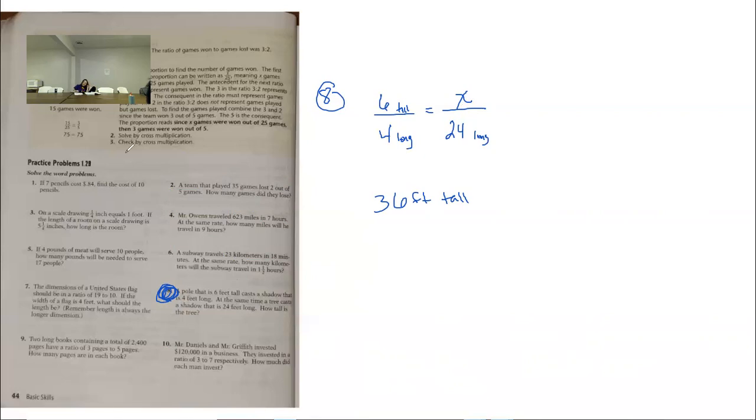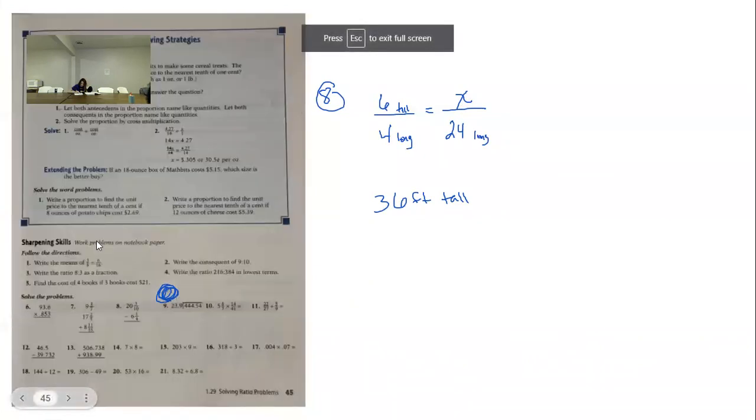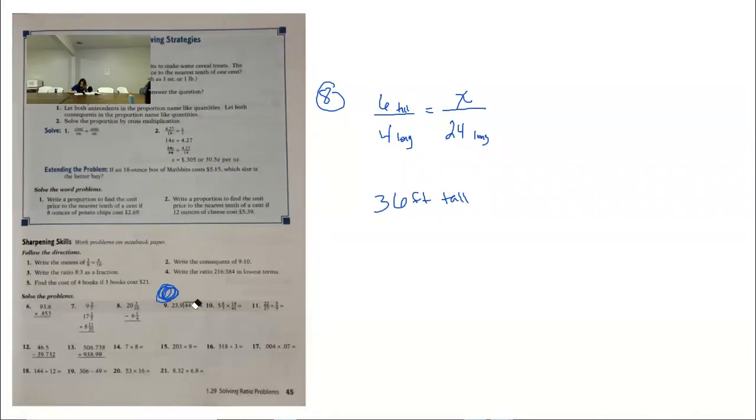All right, your homework. On the next page, the sharpening skills. We have 21 questions on there. This is on page 45. We will again choose evens or odds on here.